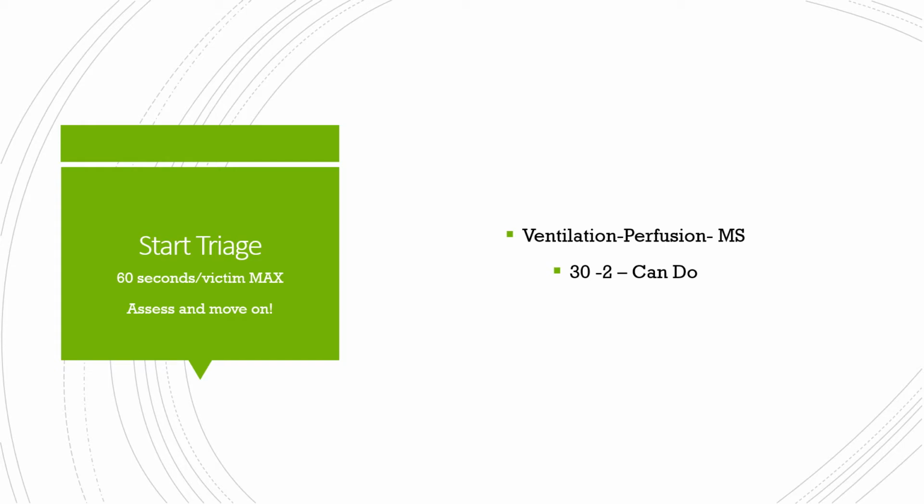And one of the things that they do to help you remember START triage is ventilation, perfusion, mental status, or 30-2-can-do. And what that stands for is 30 for ventilation. So if someone is greater than 30, they're going to fall in the red category, and I'll go through that with you.